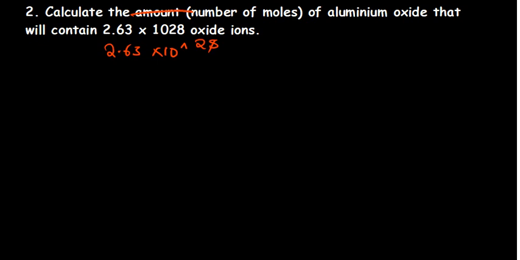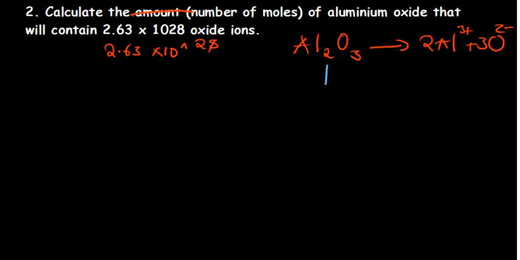Now the formula here is Al2O3 for aluminium oxide, giving us 2 aluminium ions plus 3 oxide ions. Okay, so what are we saying now? Calculate the number of moles of aluminium oxide. So we need to determine the number of moles.